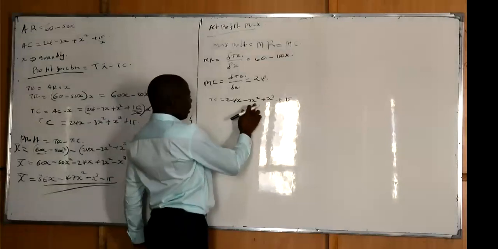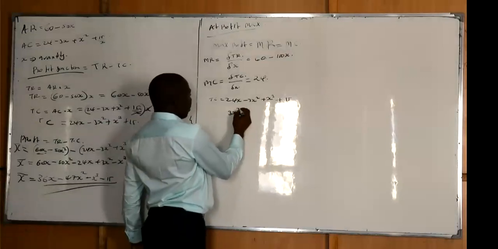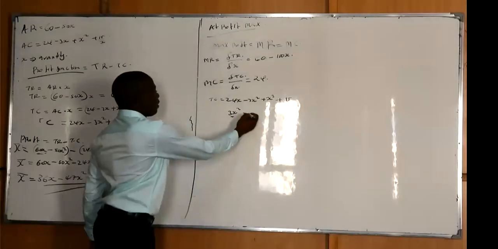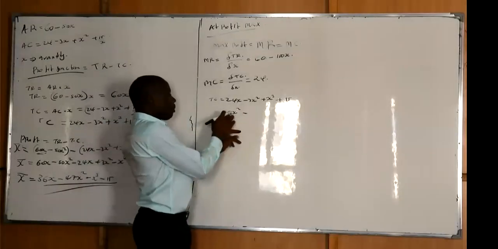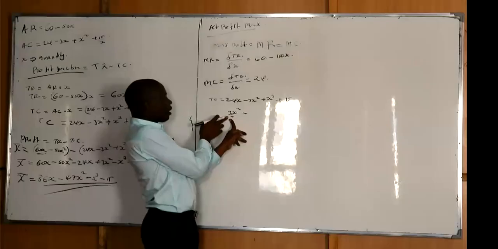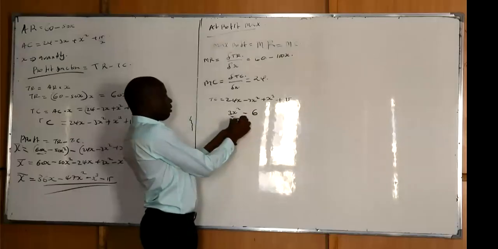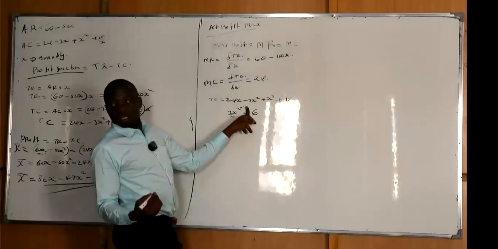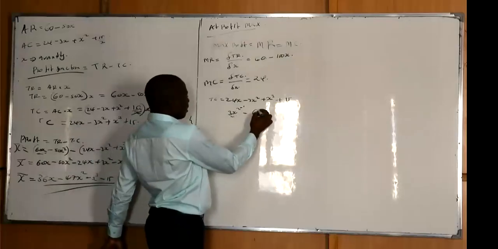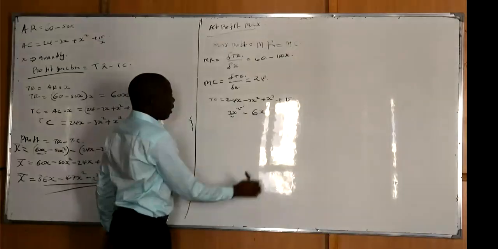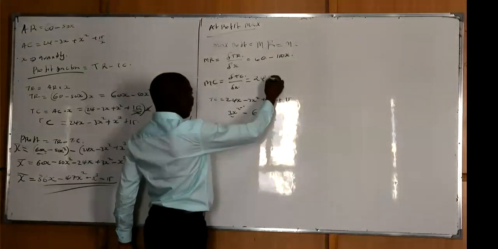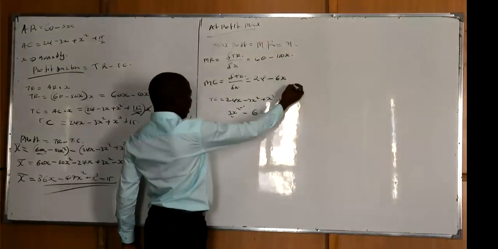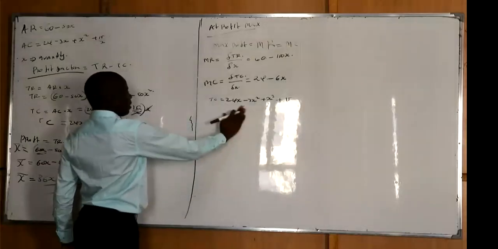Then the second part, which is 3x squared. To differentiate this, you take 2, multiply by 3 to get 6. Here 2 minus 1 remains, you get 1. So it will be 6x raised to power 1, which is just 6x.